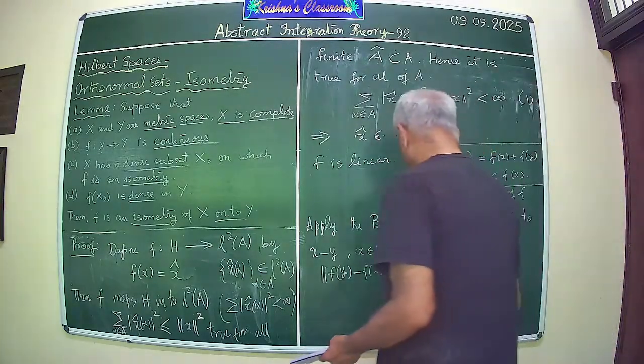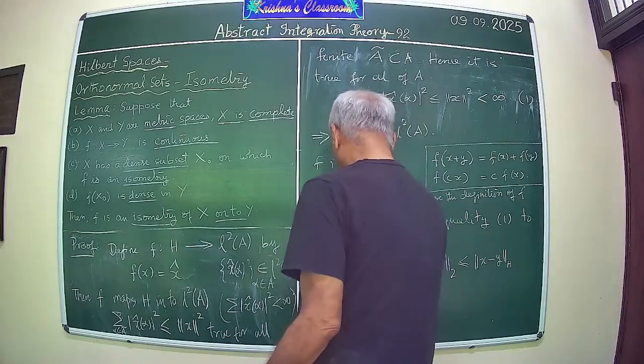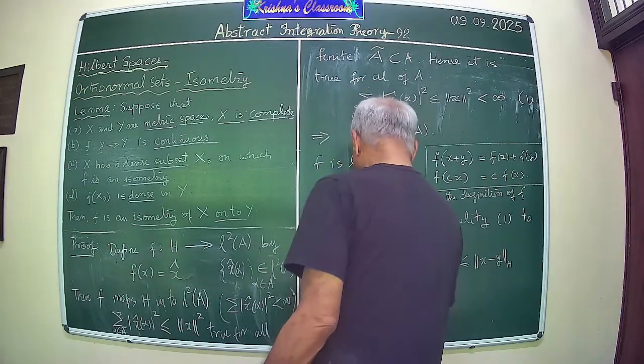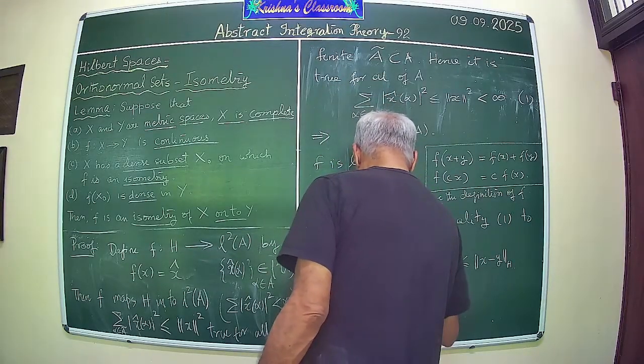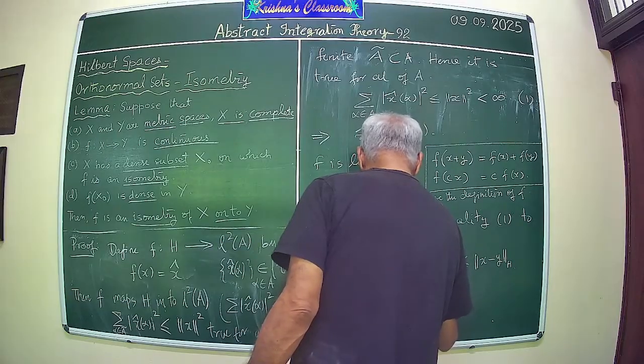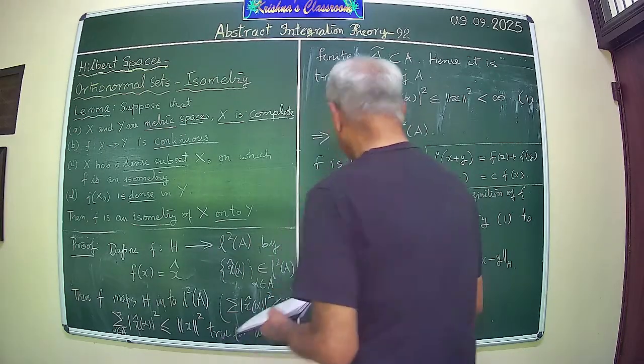This is the Bessel's inequality. This implies F is a continuous linear map.